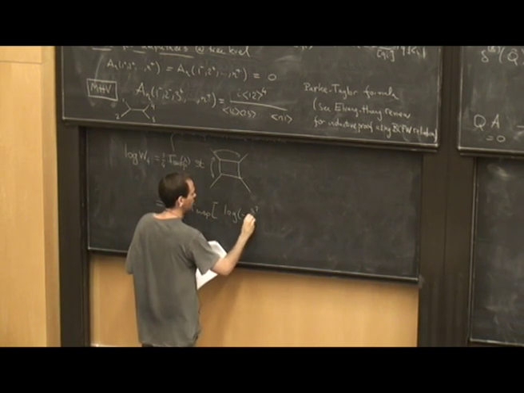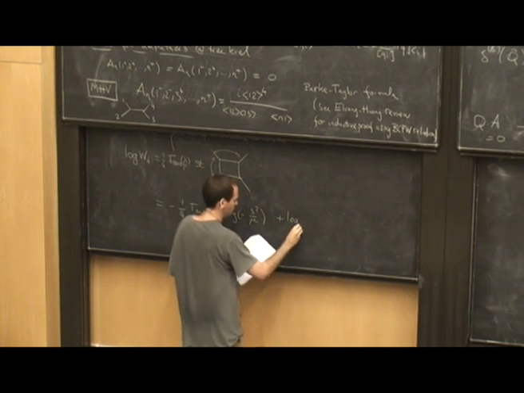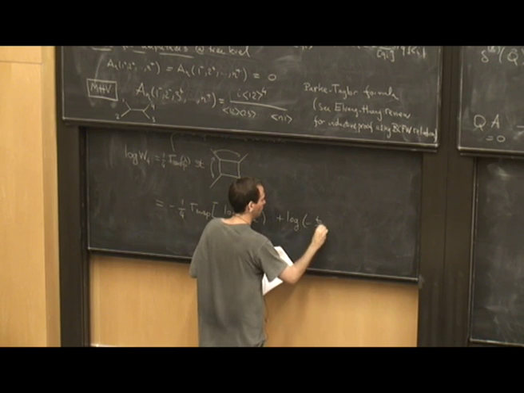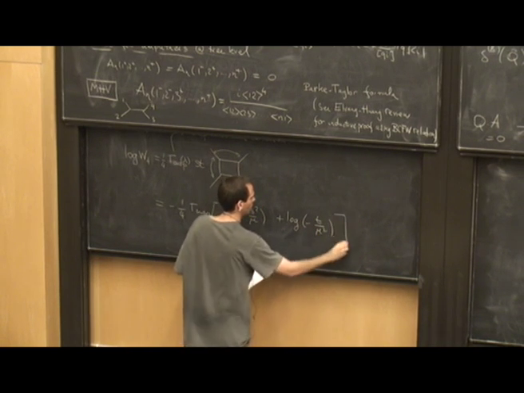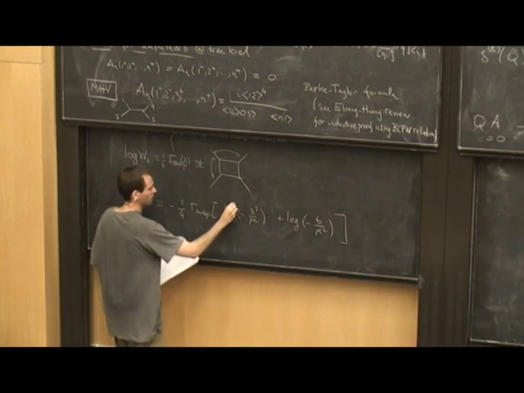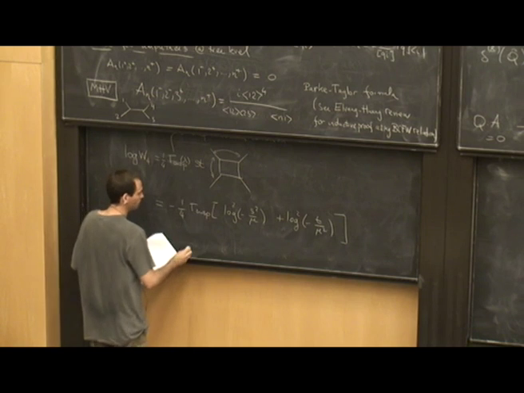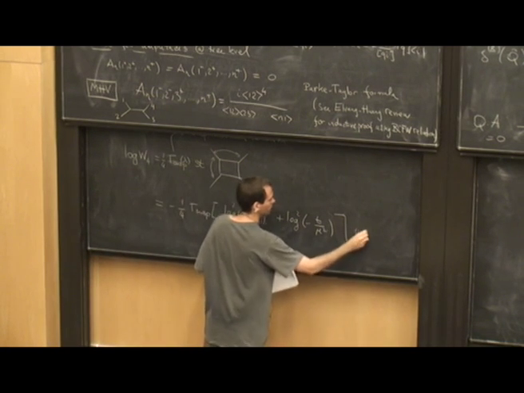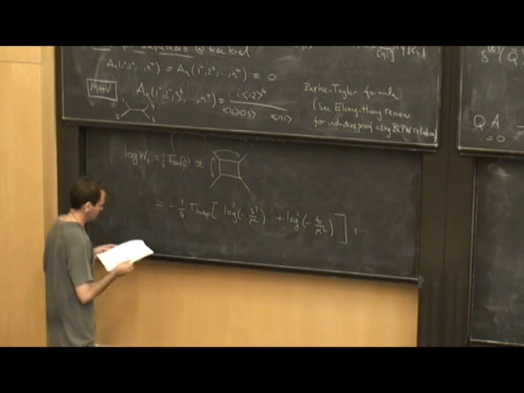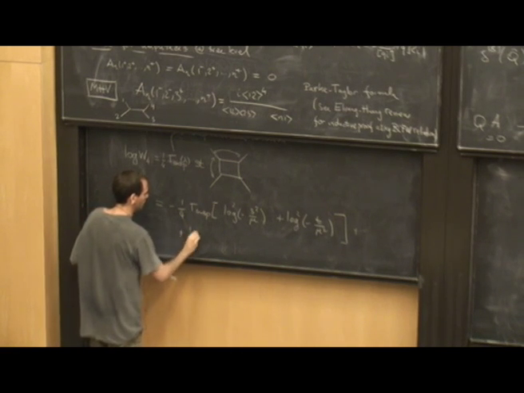Because we have divergences, we need to introduce some regulators. This is a mu. And then behind these divergences, if you dig out, sorry, it's log square, plus some dots. There will be a finite piece.